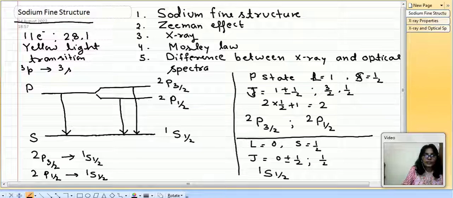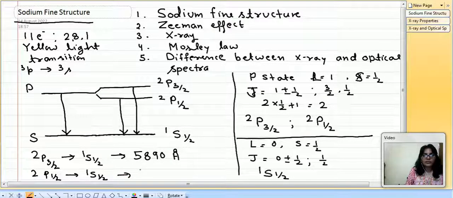Here the difference between the energy levels is large, therefore the frequency will be large, and it means that the wavelength will be smaller. So here the wavelength is 5890 angstrom, and here the wavelength is 5896 angstrom.